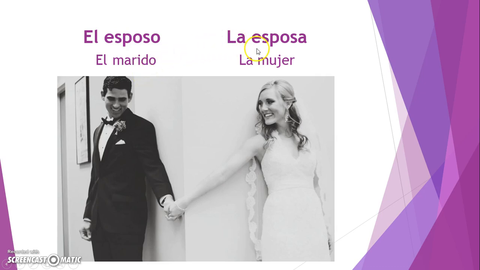And then if you want to say wife, you can either say la esposa or you can say la mujer. Okay? This is how you say spouse and husband or spouse and wife. And I hope you enjoyed that little photo from before our wedding. Antes de la boda. Good times.